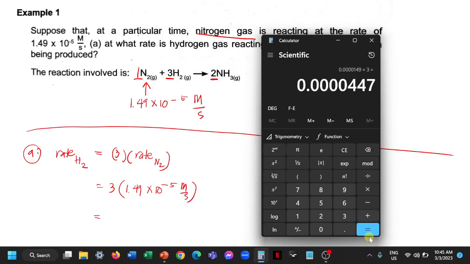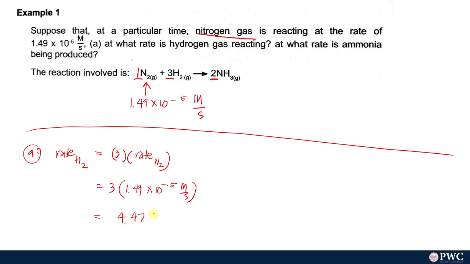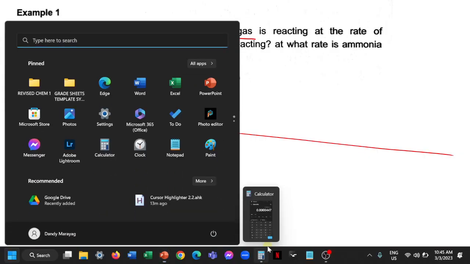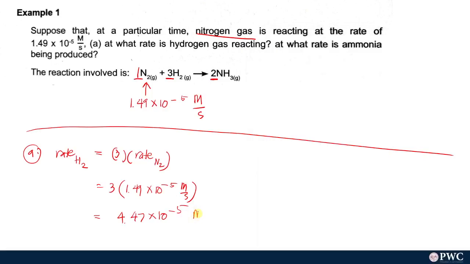So the answer here, if we convert this to a decimal, is 4.47 times 10 to the power of negative 5 molar per second. So that's the rate of the hydrogen gas reacting from this reaction. Again, that's just times 3 because that's what's in the balanced chemical equation. Let's proceed to the next one.